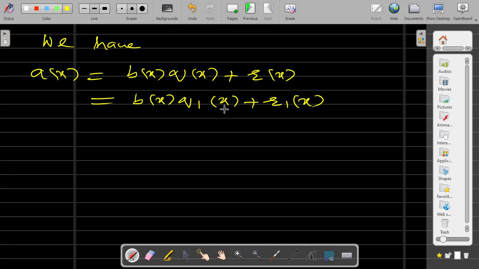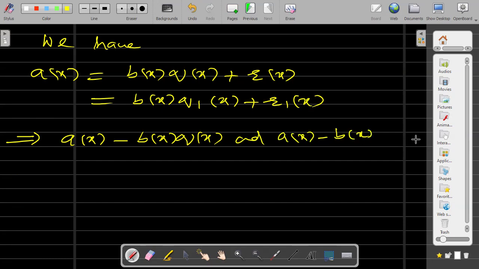Now, from this you can see a(x) minus b(x) q(x) is r(x), and a(x) minus b(x) q1(x) is r1(x). Both have degree less than degree of b(x), that's equal to m actually.